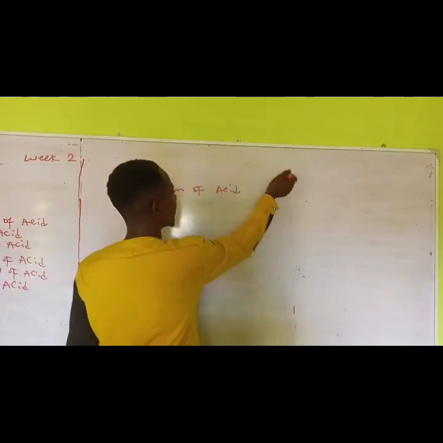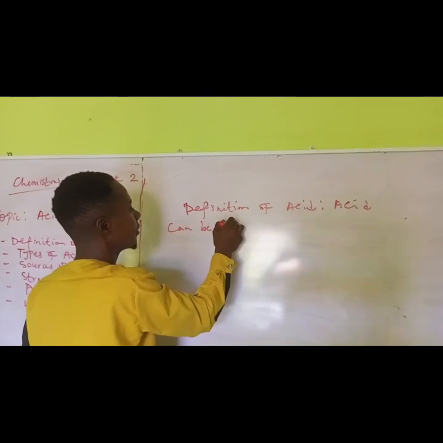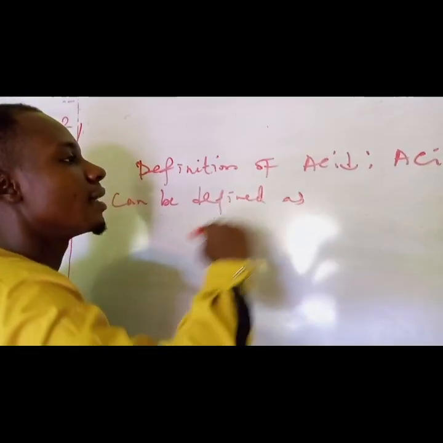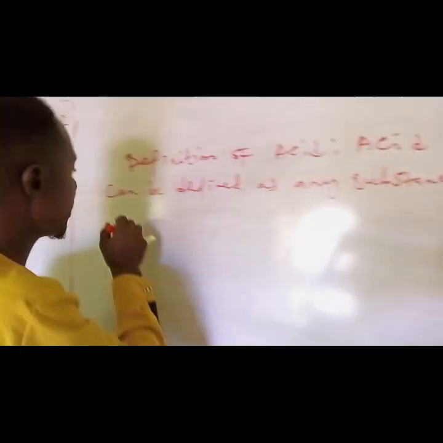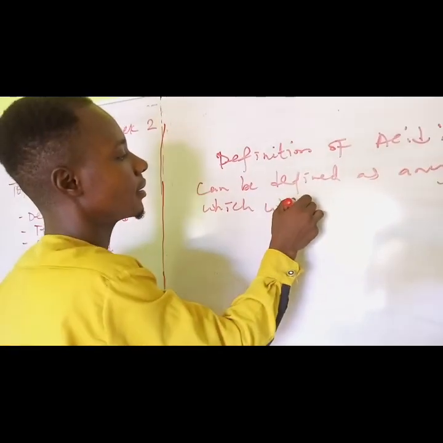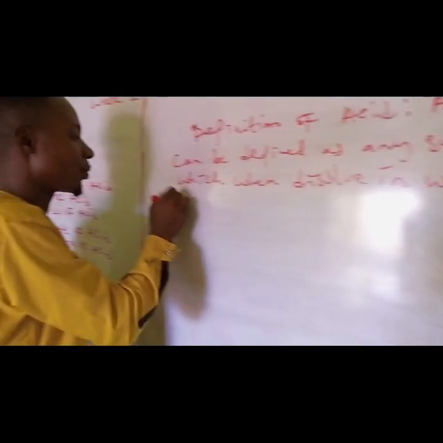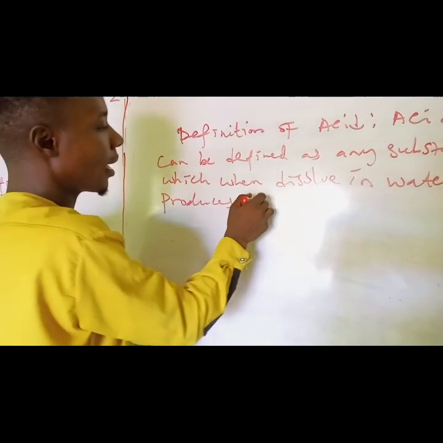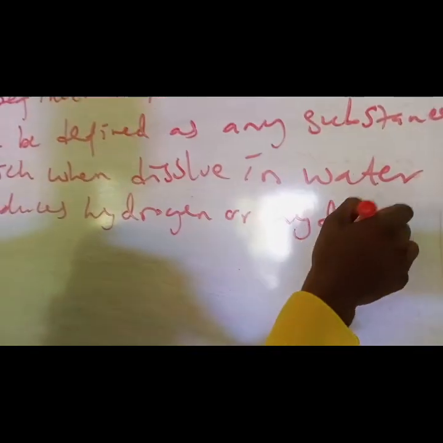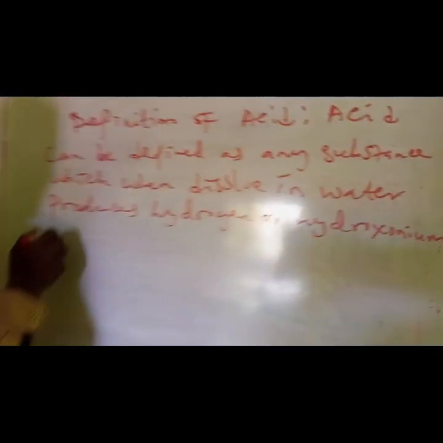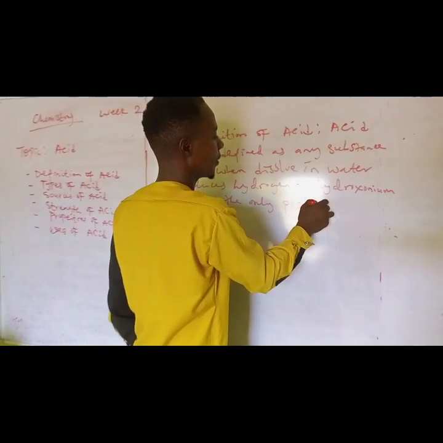You can define acid as any substance which, when dissolved in water, produces hydrogen or hydronium ion as the only positive ion.